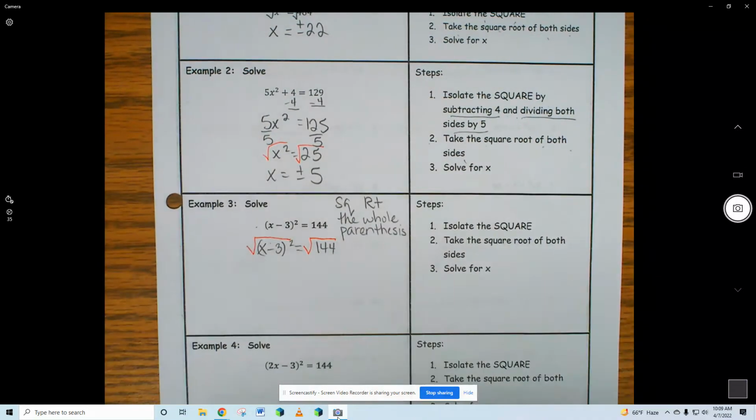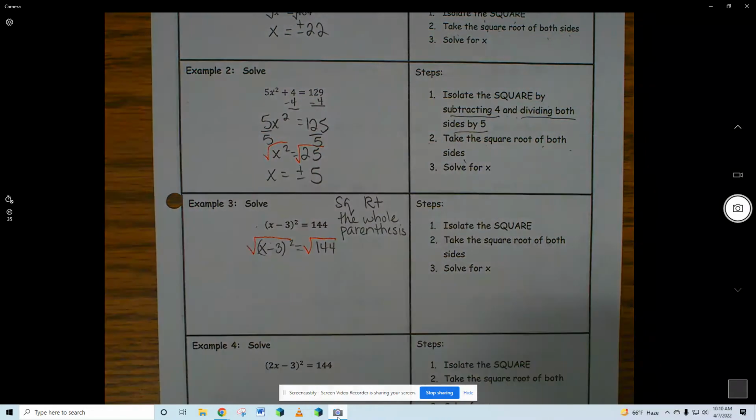So I square rooted the whole parentheses. I don't break apart the parentheses. I don't FOIL the parentheses. When I square root and then the squared, those two things cancel each other out. So all that I'm going to have on the left-hand side is an x minus 3.